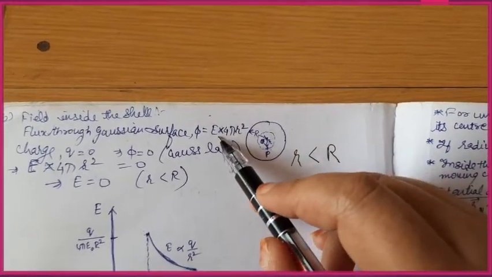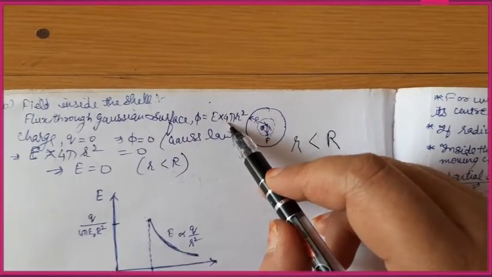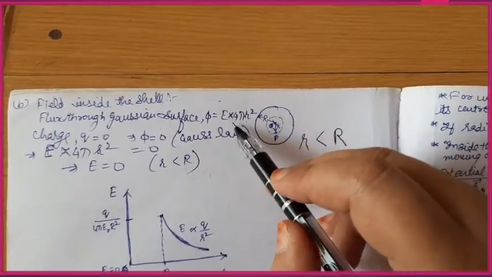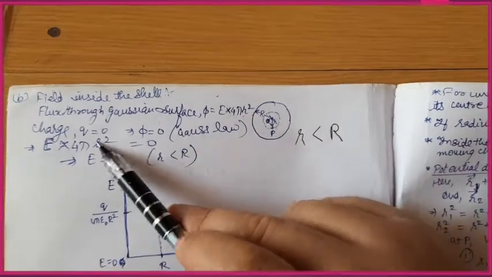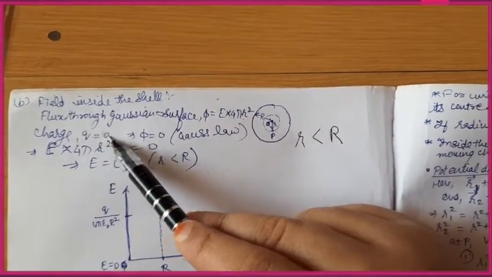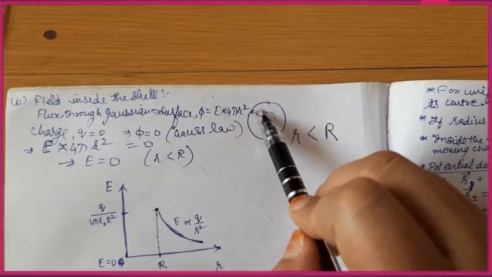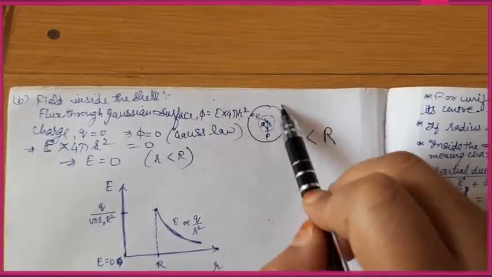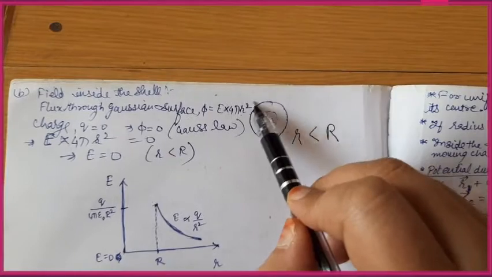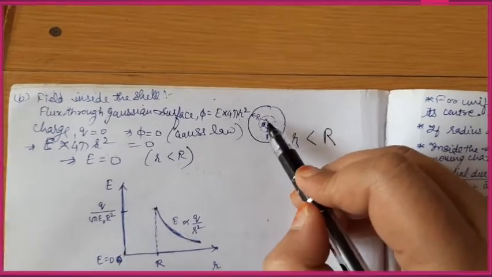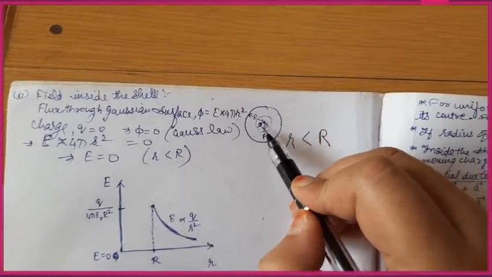So the flux through Gaussian surface is E into the surface area of Gaussian surface, 4 pi r square. And the charge enclosed, we want to determine by Gauss law. So charge Q is 0, because for a hollow spherical shell all of the charge is situated at the surface. No charge is present inside the spherical shell.